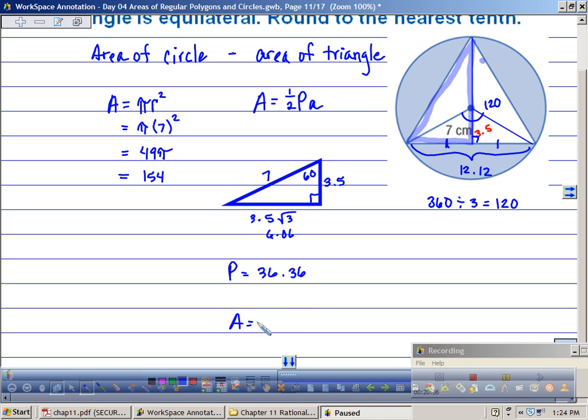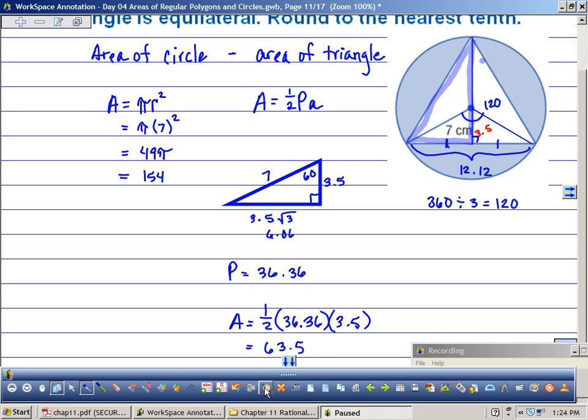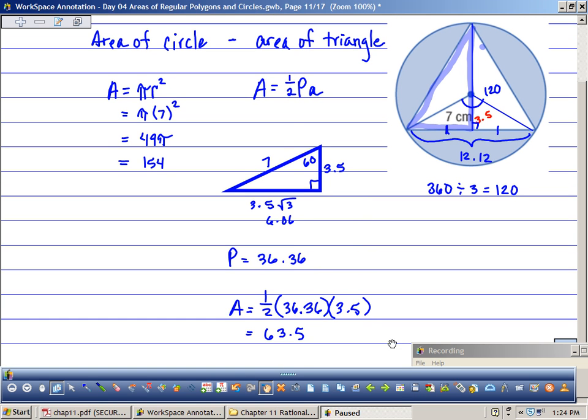So area equals half of my perimeter, which is 36.36, times my apothem, which is 3.5. I get that, and I have about 63.5. But we're not done yet.